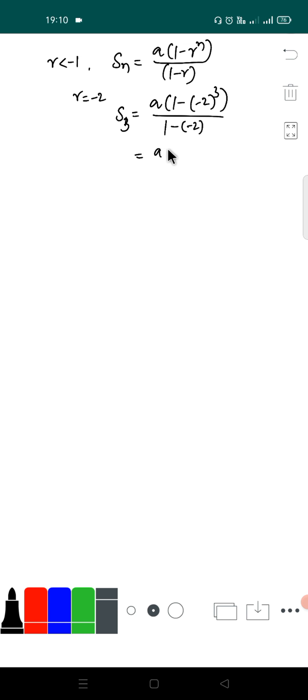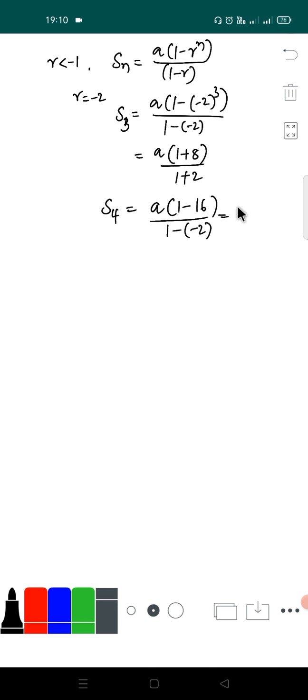So this is a into 1 minus, (-2) whole cube is -8, that is +8, divided by 1 plus 2. So this is positive. And let's say S4 is a into 1 minus (-2) to the power of 4, that will be positive 16, so 1 minus 16 by 1 minus of -2.